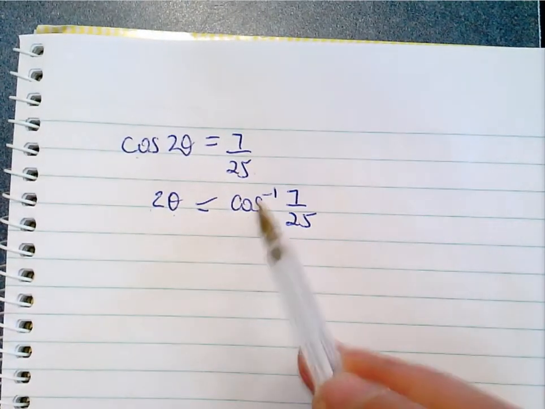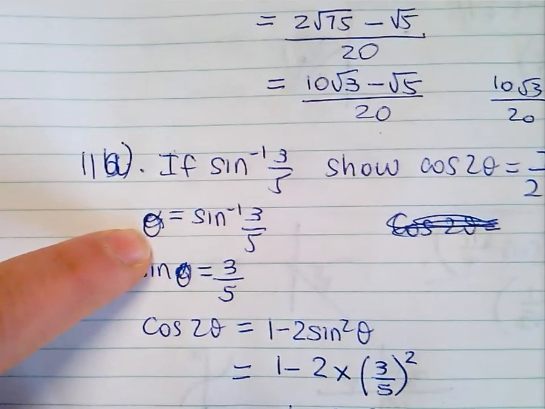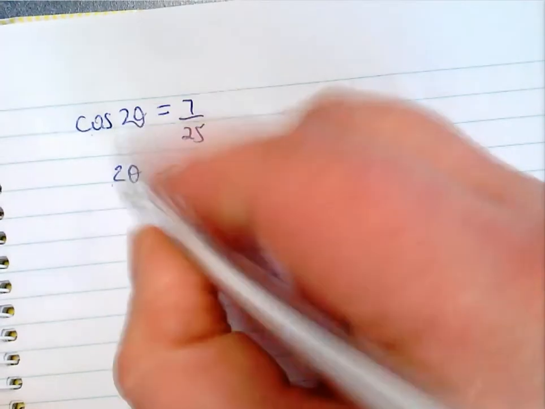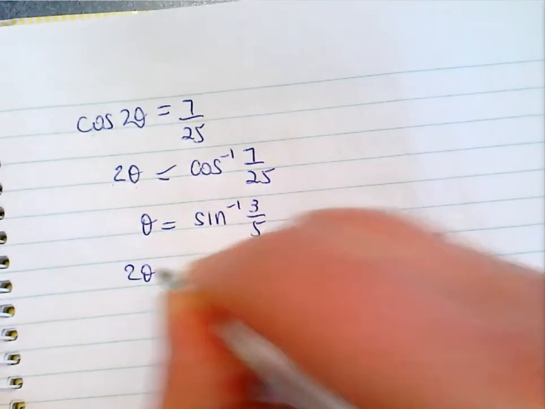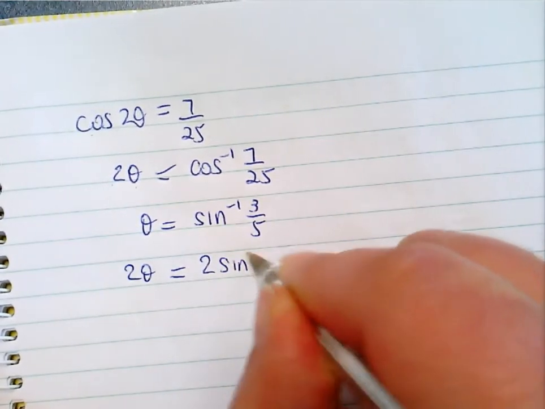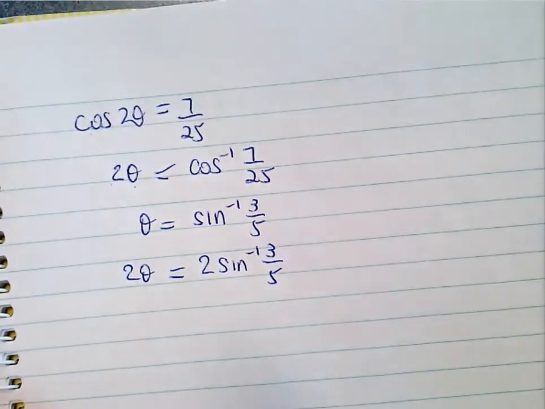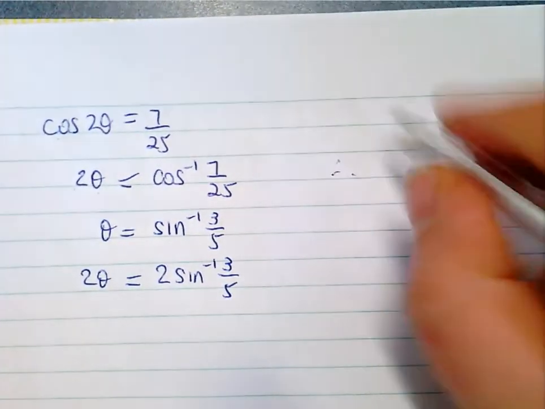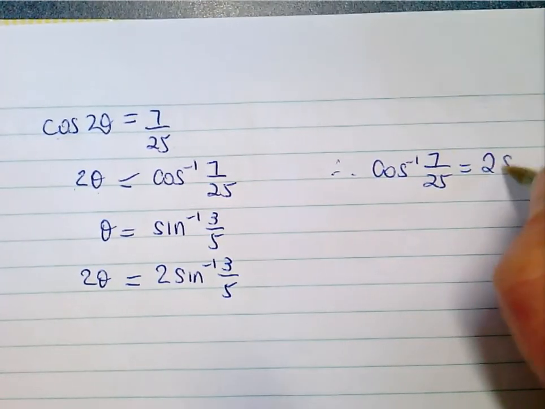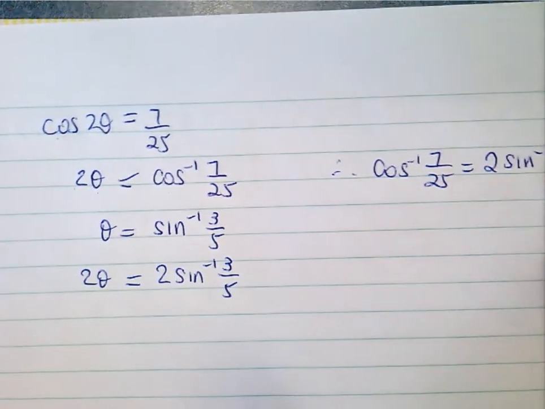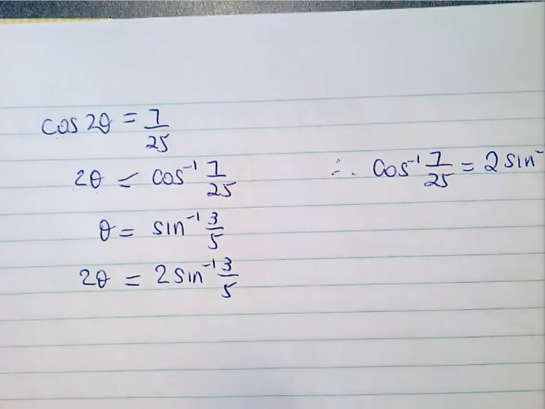So 2 theta is cos to the minus 1 of 7 over 25. Over here, we know that theta is sine to the minus 1 of 3/5. So therefore 2 theta is 2 times sine to the minus 1 of 3/5. And there it's done. Therefore, cos to the minus 1 of 7 over 25 equals 2 sine to the minus 1 of 3/5. Why? Because they're both equal to 2 theta.